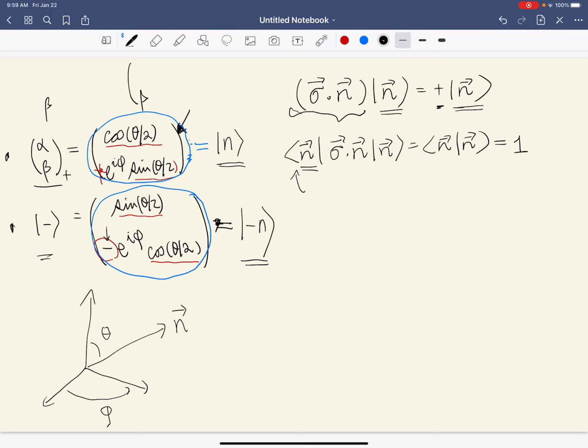Okay. Now, likewise, if I do the same calculation with the other eigenstate, then what do I get? I'm going to get minus n, times normalization, which is -1.